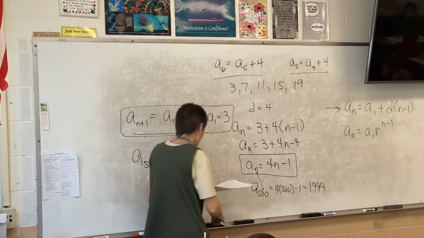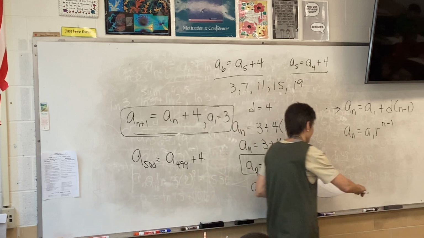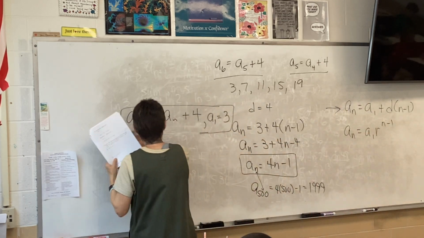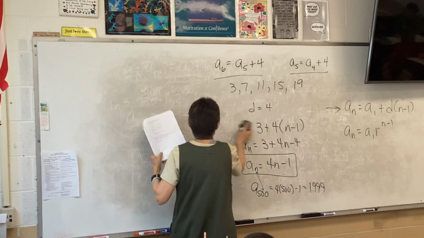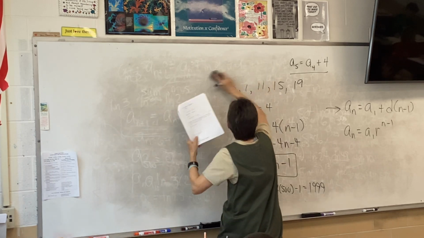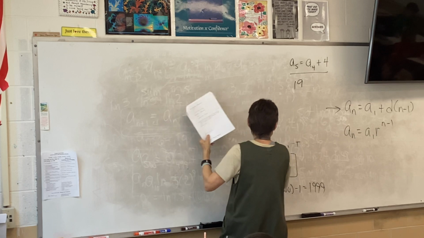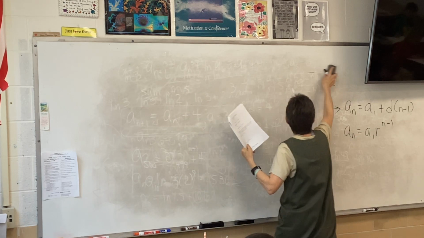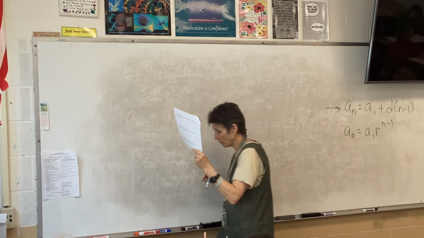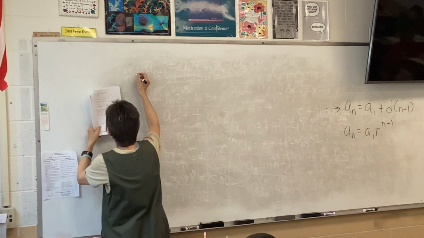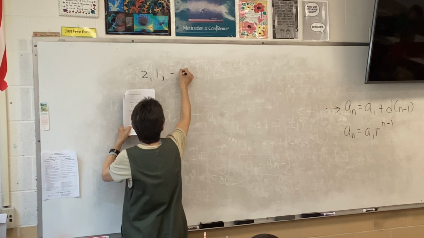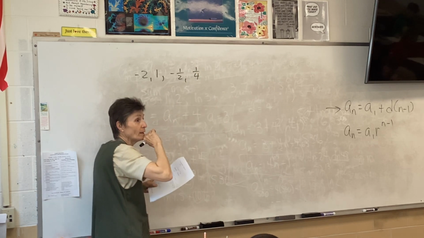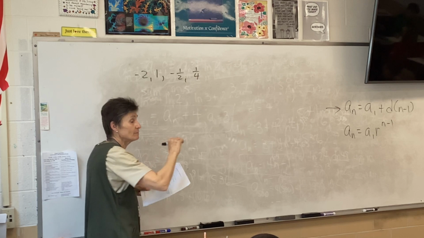All right, let's try B. What's happening in sequence B? Arithmetic or geometric? Geometric with a ratio of, what am I multiplying by? Negative 1/2.